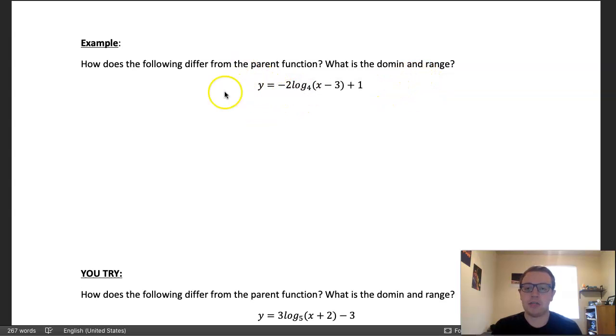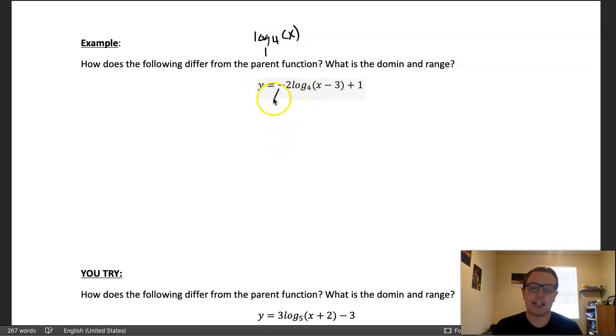So for this one, what's the parent function? The parent function is going to be just the log base b of x. So the parent function is log base 4 of x. So how does it differ?